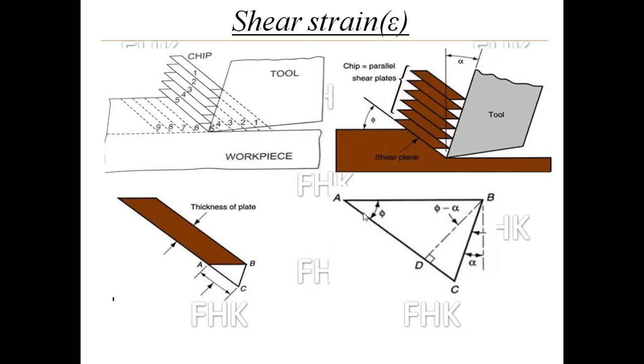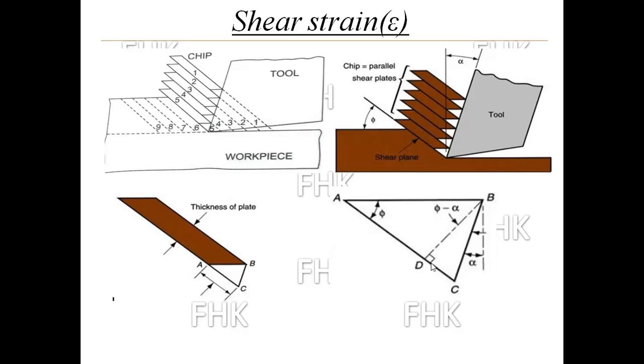So angle ADB is 90 degrees and angle BDC is again 90 degrees. This is the rake angle of the tool, alpha, and this is the shear angle phi, the shear plane angle. AC is the shear plane.